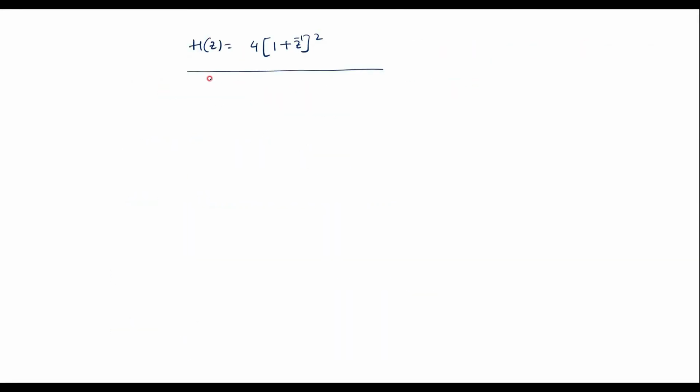I will open this bracket, that is 4 (1 plus z power minus 2 minus 2z inverse), plus we have 5.656 minus 5.656 z power minus 2, plus we have 4 (1 plus z inverse) square, that is 1 plus z power minus 2 plus 2z inverse.